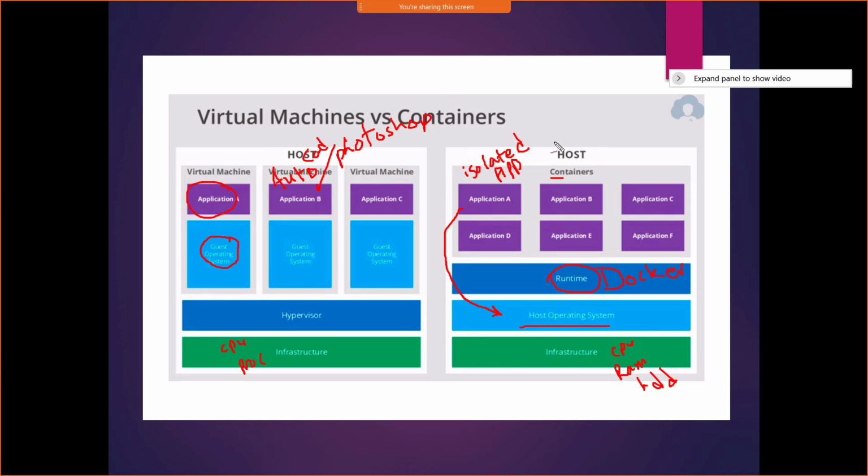That application has to be converted into a containerized application, so made compatible with the container. So a containerized app is an app that can be installed and deployed inside a container, obviously.